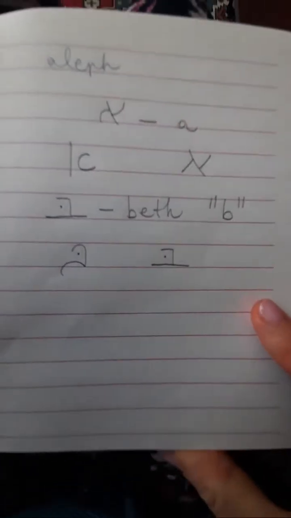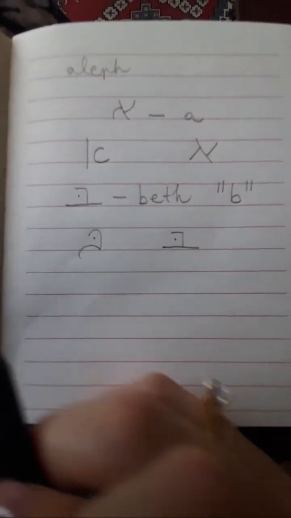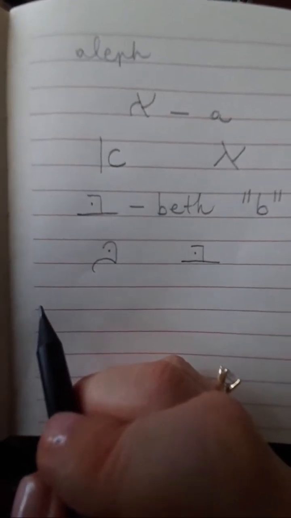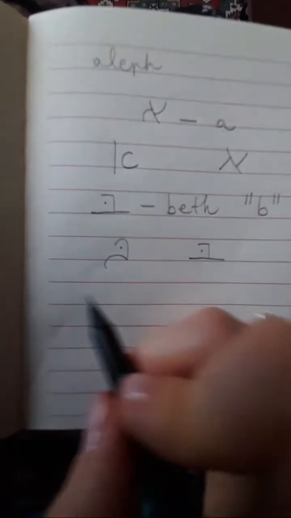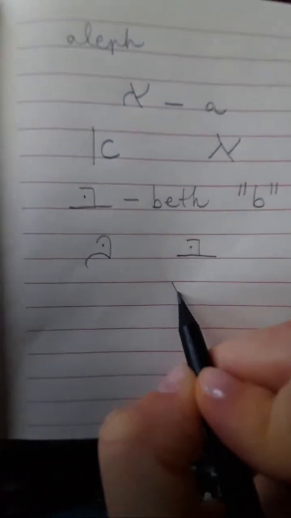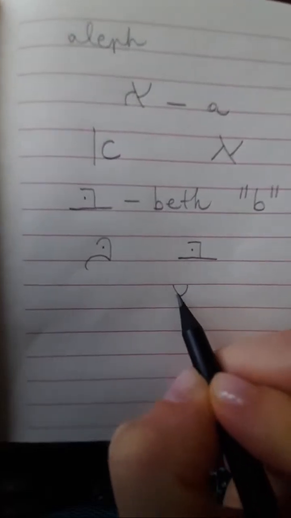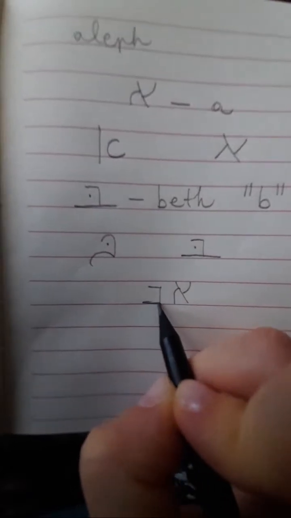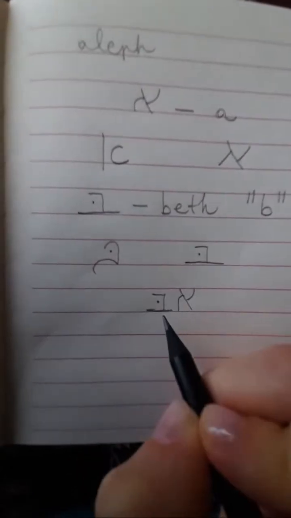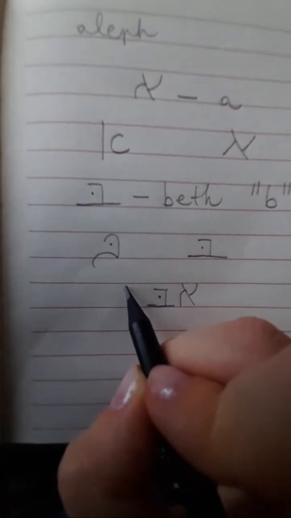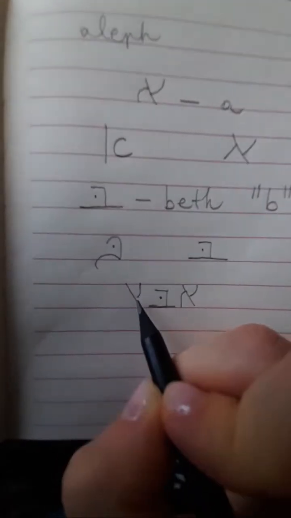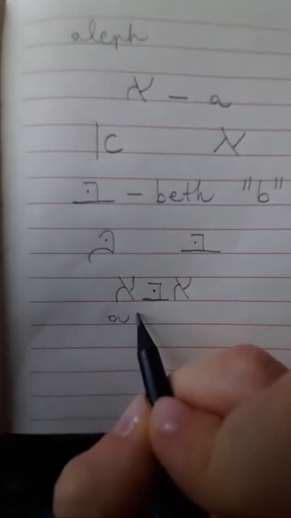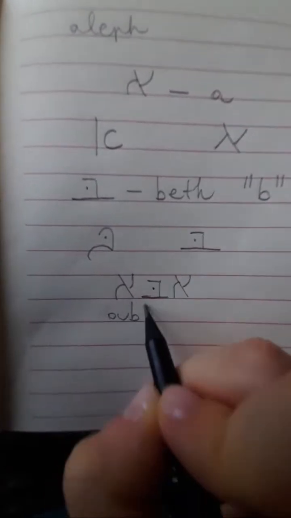So now with these two letters, we can write a Hebrew word, and this word is Abba, means father. So let me write it for you. Okay. And Hebrew is written from right to left. So Abba means father. Okay.